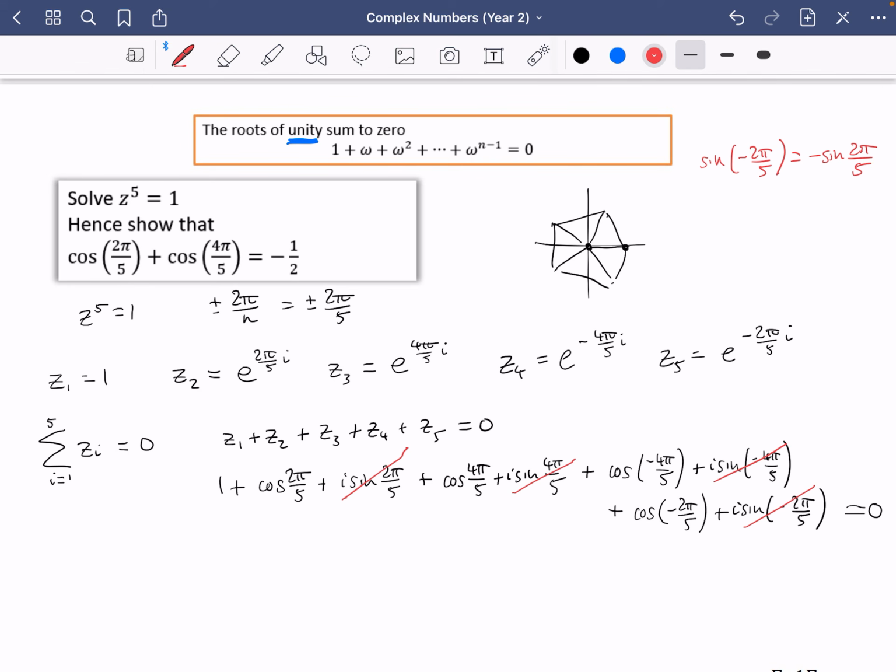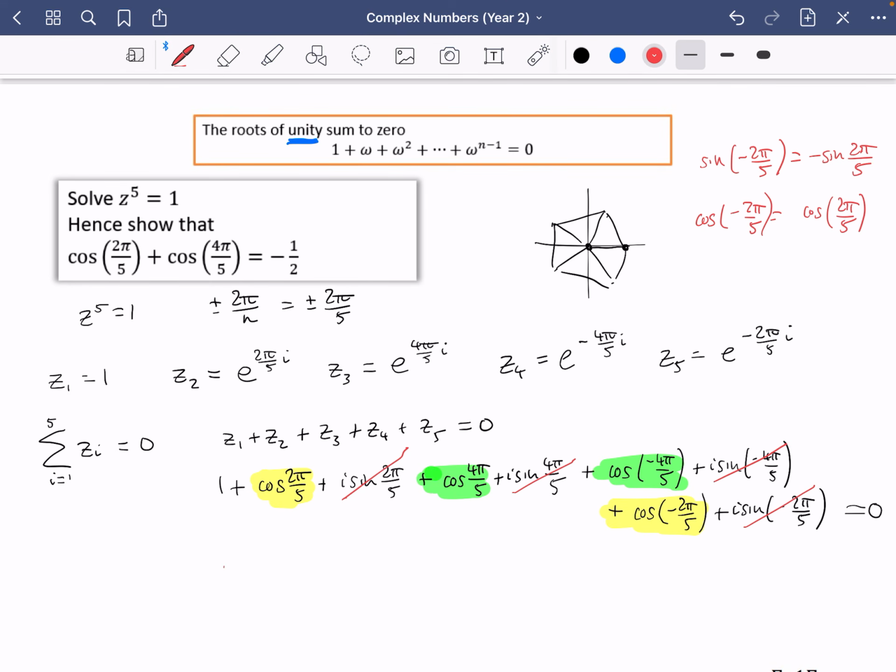Okay, so let's see what other things we can do. We should also know that the cos of minus 2 pi over 5 is just equal to the cos of 2 pi over 5. So that means that this thing is actually the same as this thing, and this thing here is the same as this one as well.